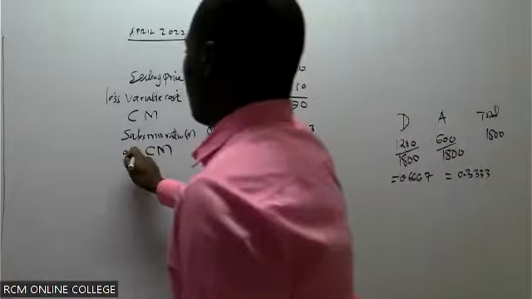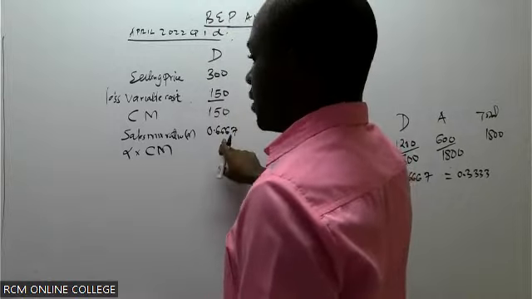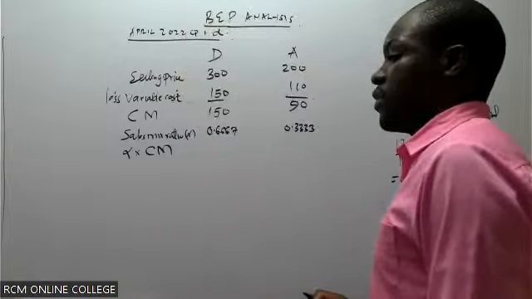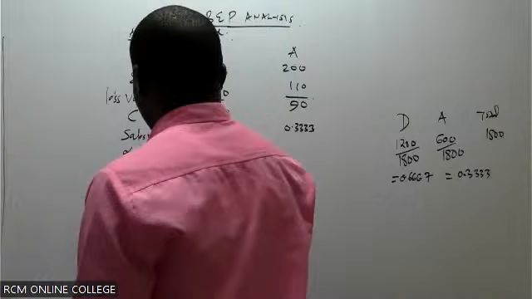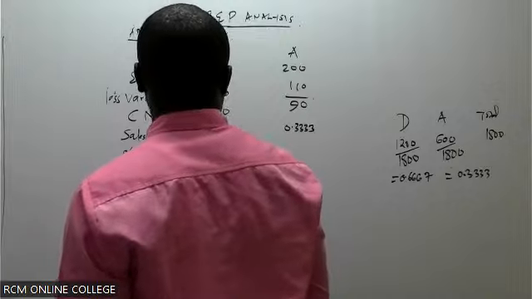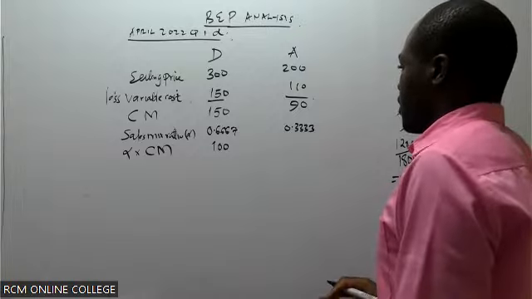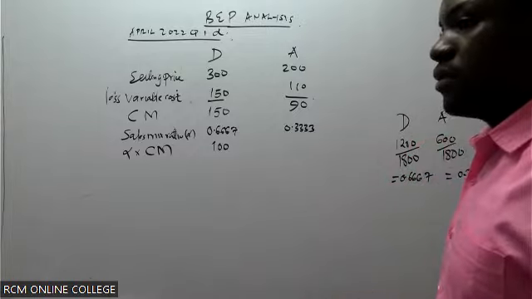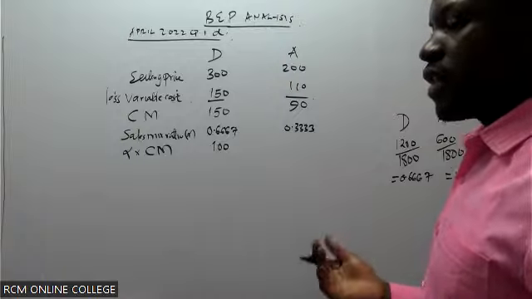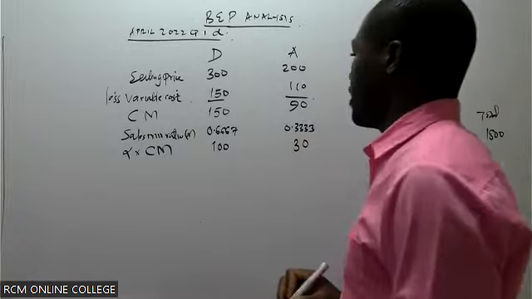The first one, 150 by 0.6667, gives us 100. If you did not round off, you should be getting a whole figure, which is 100, right? Good. How about the other side? If you take 0.3333 by 90, we'll be having 30 without those decimals. So that's 100 and 30.